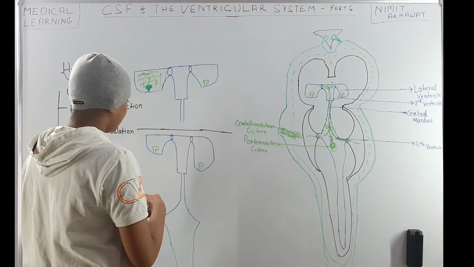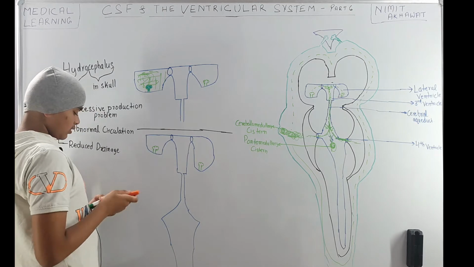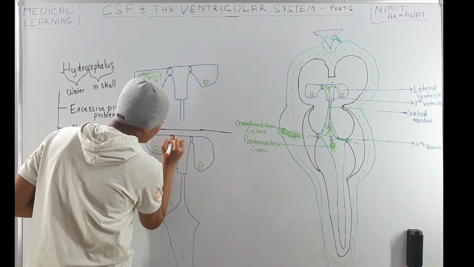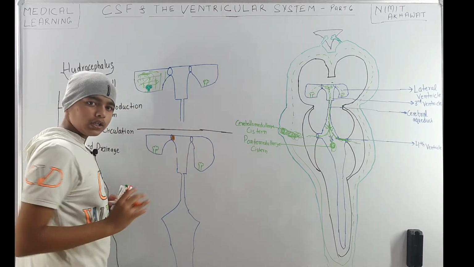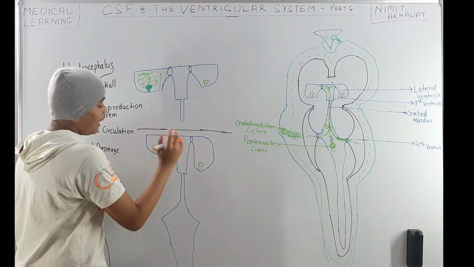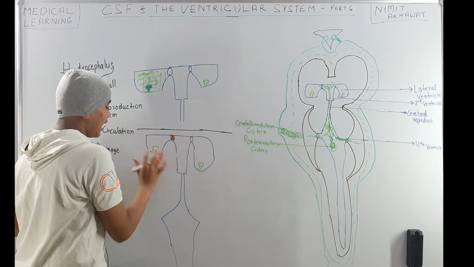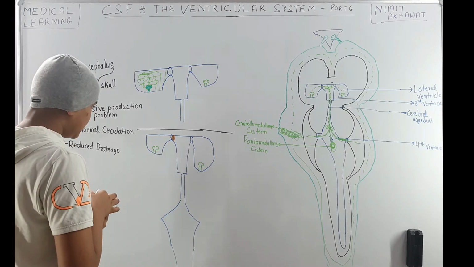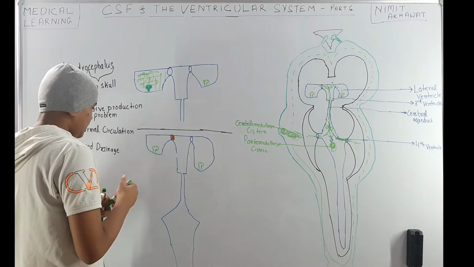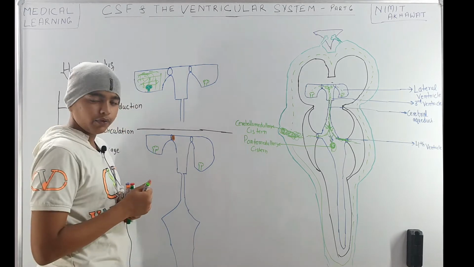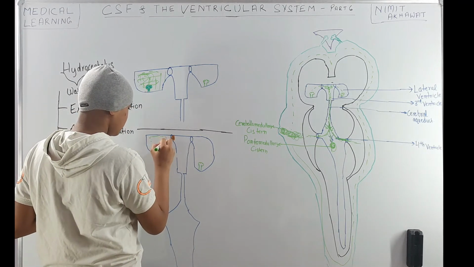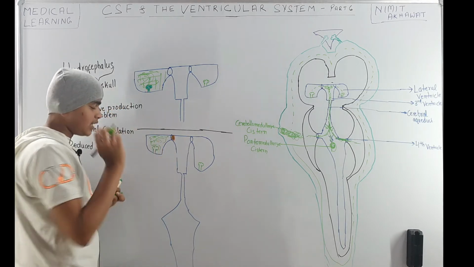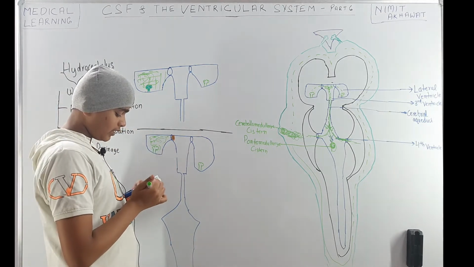Sometimes a cyst develops in the third ventricle. And this cyst blocks the foramen of Monro and does not allow cerebrospinal fluid to enter the third ventricle from the lateral ventricle. And this is why a lot of CSF is collected in the lateral ventricle. The lateral ventricle is overfilled with cerebrospinal fluid, and there is excessive expansion of the lateral ventricle.